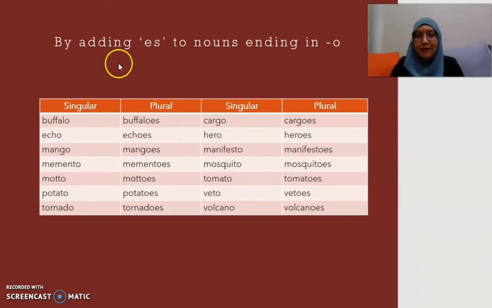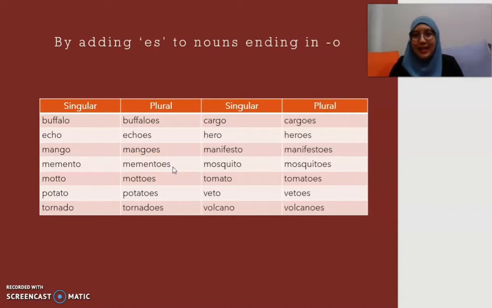Some plurals are formed by adding es to nouns ending in o. For example, buffalo, buffaloes, so you add es to the ending to form the plural. Echo becomes echoes. Mango, mangoes. Memento, mementos. We will see how memento has two different spellings. Both are correct.